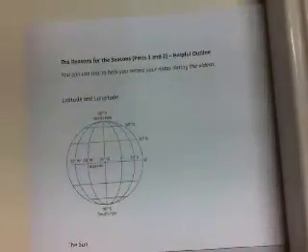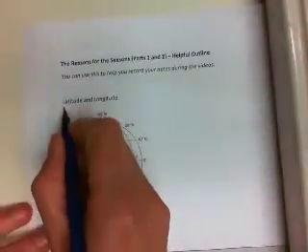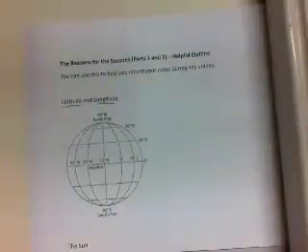So let's first take a look at the fact the Earth is round and how that influences the climates that we see on Earth. To understand this discussion, it's helpful to understand the difference between latitude and longitude. Latitude are these lines running east to west.